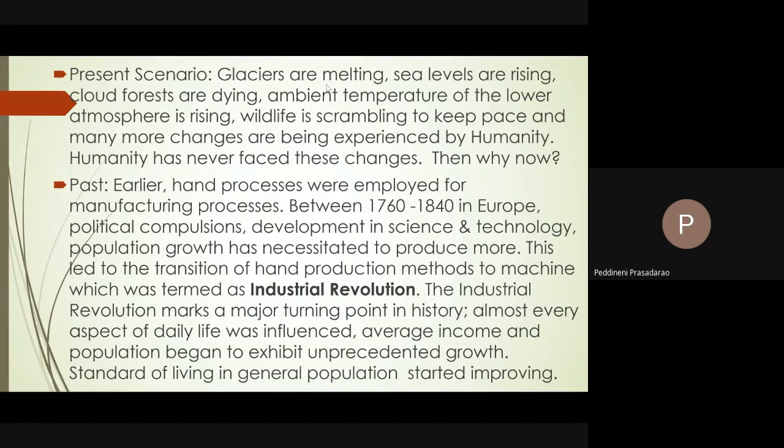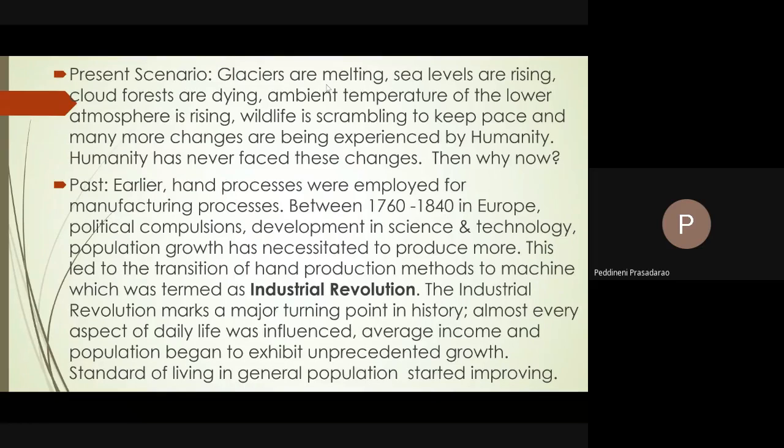This Industrial Revolution marks a major turning point in history. Almost every aspect was affected, mostly positively, and it affected each and every aspect of daily life. We started producing more, because machines were employed, so you can produce more.